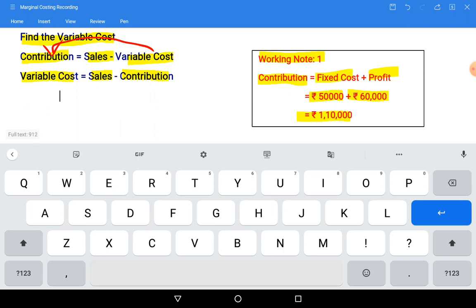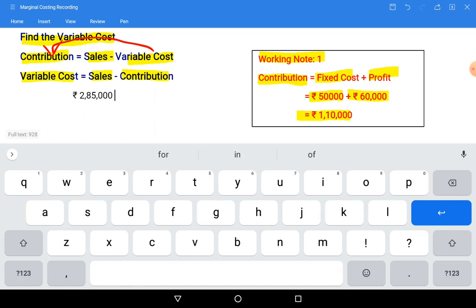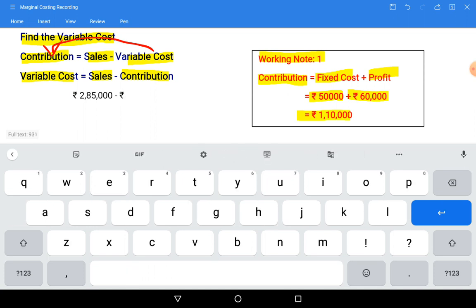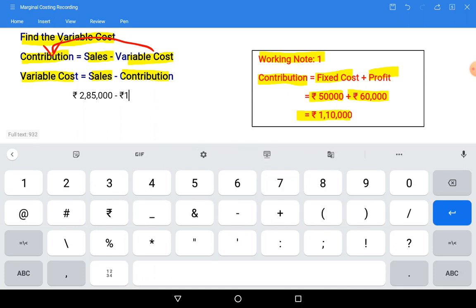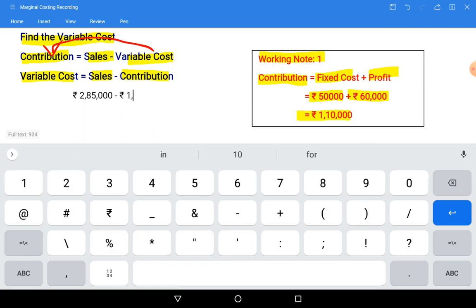So variable cost is equal to sales, which is rupees 2,85,000, minus contribution, which we have just got, rupees 1,10,000.